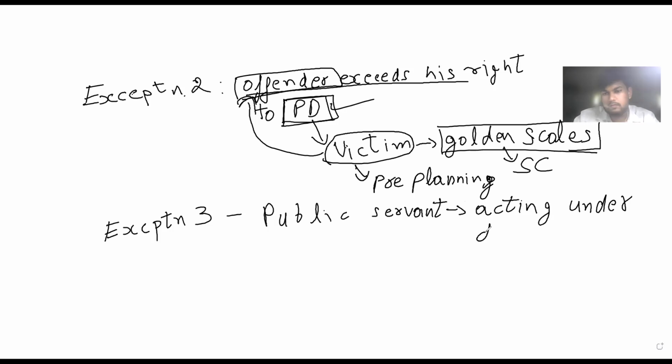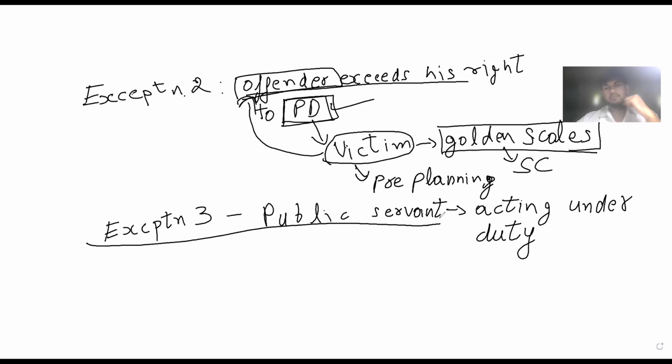This is the third exception: if a public servant acting under his duty exceeds the force, basically it protects police officers. If they exceed the act and cause death, then they are covered under this exception and their case will not fall in murder. It will come to culpable homicide not amounting to murder.